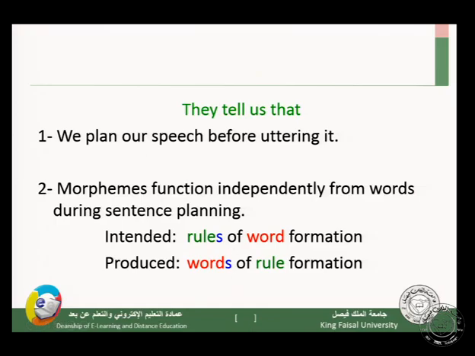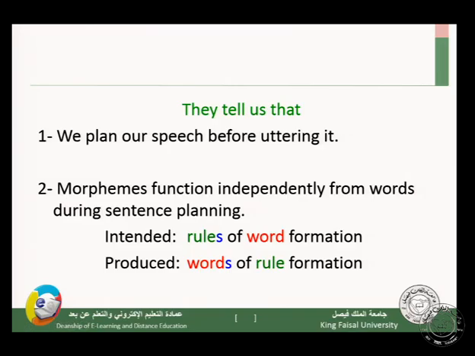The plural s has appeared in a separate word, words of rule formation. So inside the brain, they are linked, and in the production, they are split. What can this tell us? It tells us that morphemes function independently from words during sentence planning.